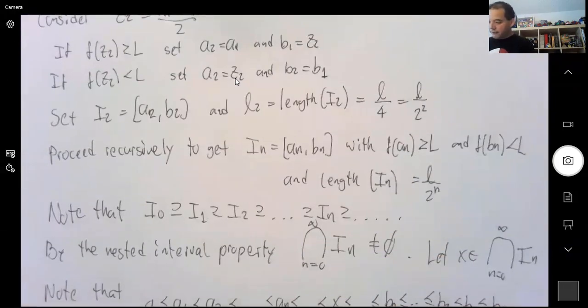You'll see it in just a moment. So in general, we know that f(b_n) is less than L, which is less than or equal to f(a_n). So L is sandwiched between f(b_n) and f(a_n).